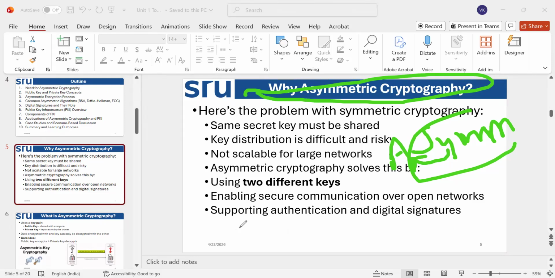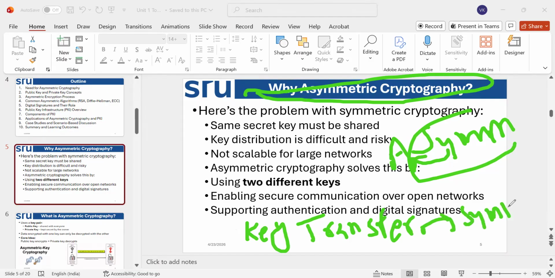As we discussed in the last class, the drawback of symmetric cryptography is key transfer. This is the drawback of symmetric cryptography. What happens if the key is transferred? That means the key can be hacked or hijacked.